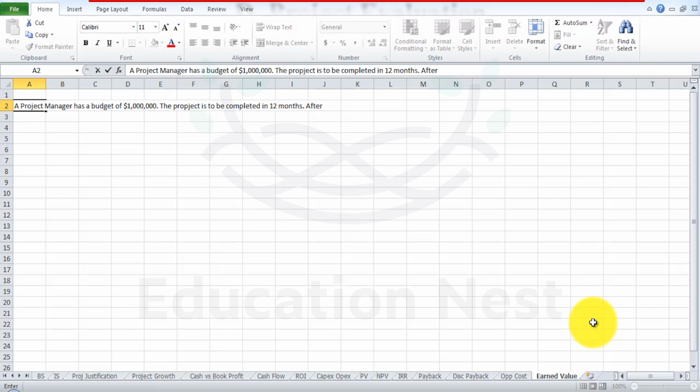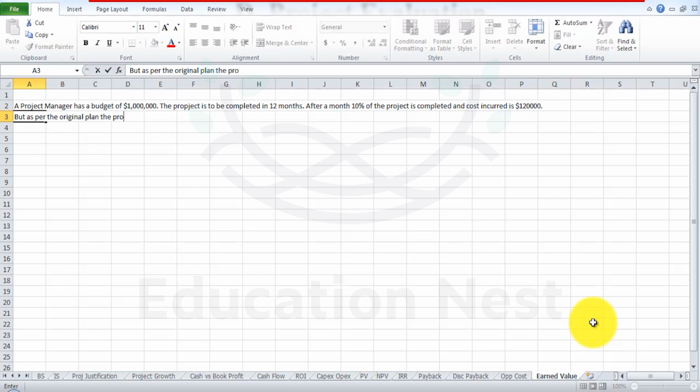Now, after a month, 10% of the project is completed and the cost incurred is $120,000.